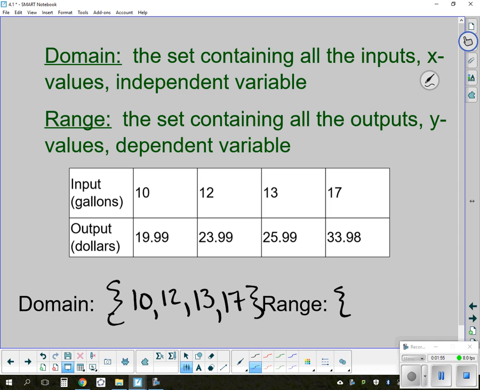Your range would be $19.99, $23.99, $25.99, and $33.98. Close it up. Domain and range, simple as that. It's your x's for your domain, your y's for your range, input and output, independent variable, dependent variable. Okay?